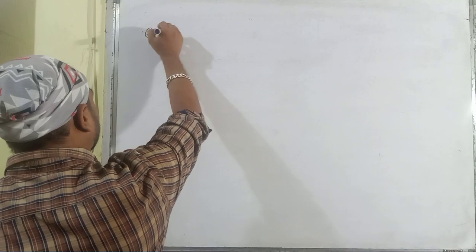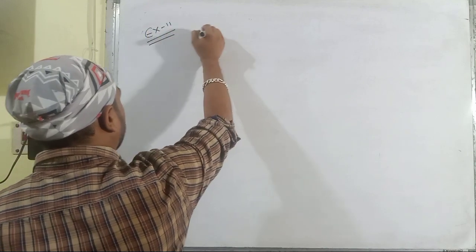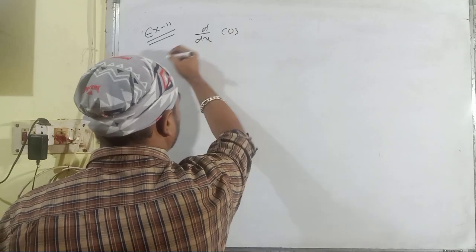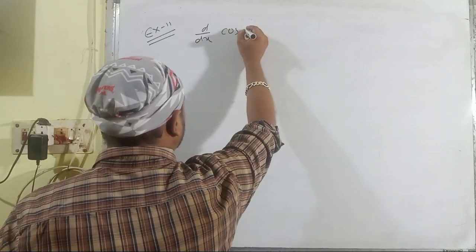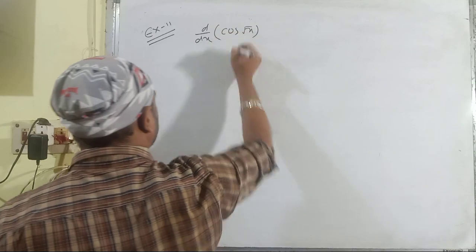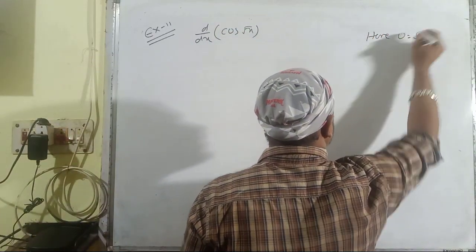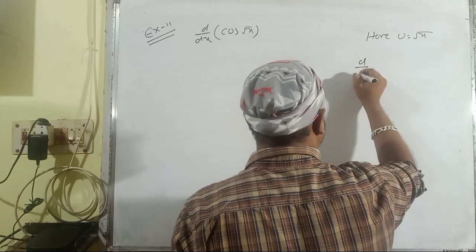Then it is example number 11, differentiation of cos root x. Here u is equal to root x, but let us go through the formula first.